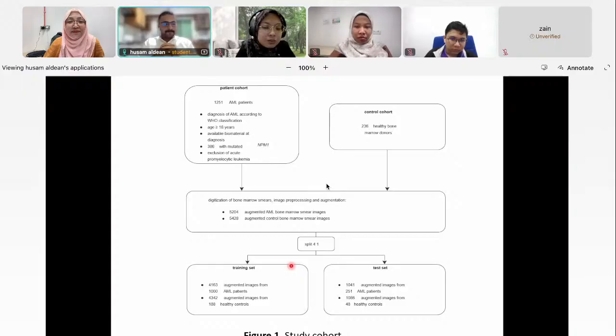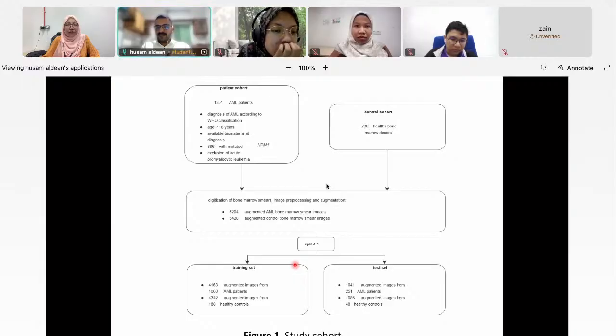In AI applications on medical data sets, it is a habit across the whole community of these studies to use 80% for the training set and 20% for the test set. You have seen that in many papers.